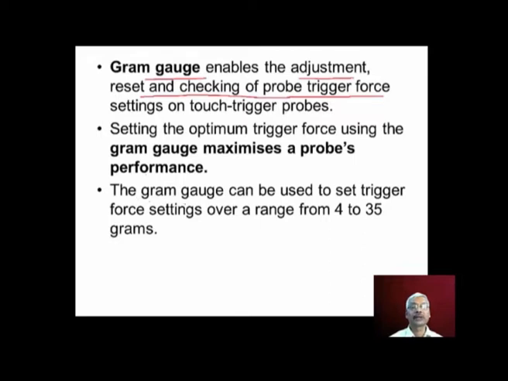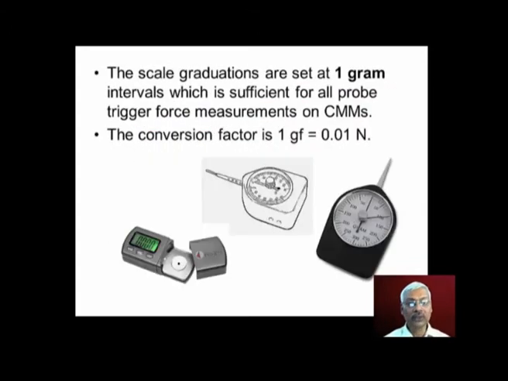The gram gauge can be used to set trigger force settings over a range of 4 to 35 grams. The scale graduations are set at 1 gram intervals, which is sufficient for all probe trigger force measurements on coordinate measuring machines. Here we can see the gram gauges.